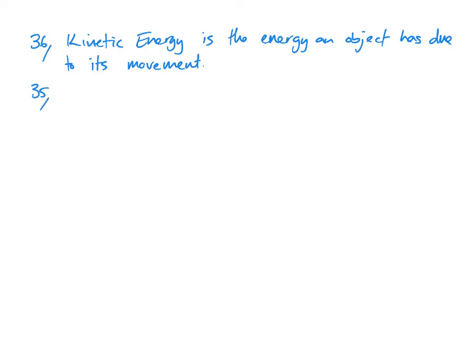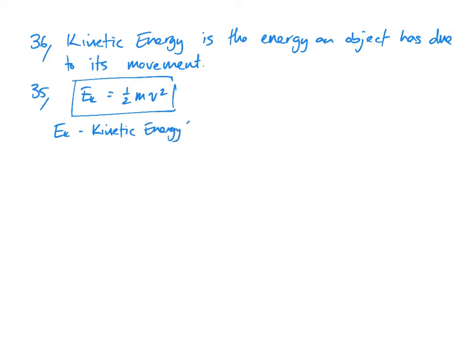Here then is our formula. And once again, stress, only the v is squared. So EK stands for kinetic energy, measured in joules as in all other types. m is mass, measured in kilograms.